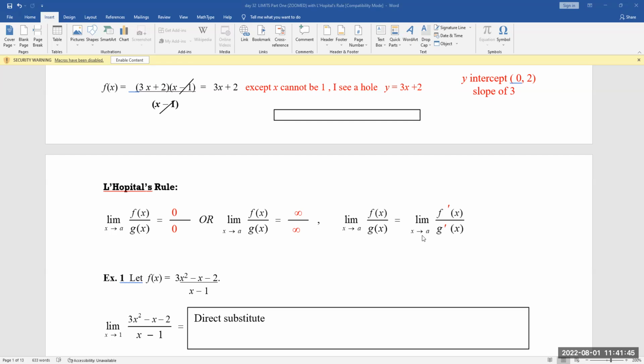If you get a valid answer, that will be your solution. If you get 0 over 0 or infinity over infinity, you can use L'Hopital's rule again.